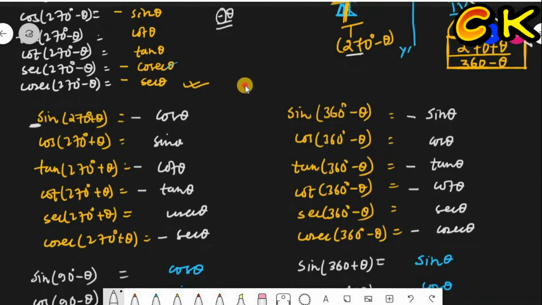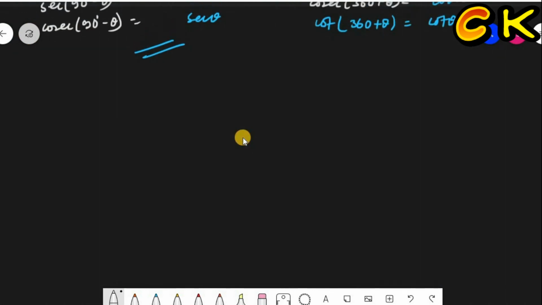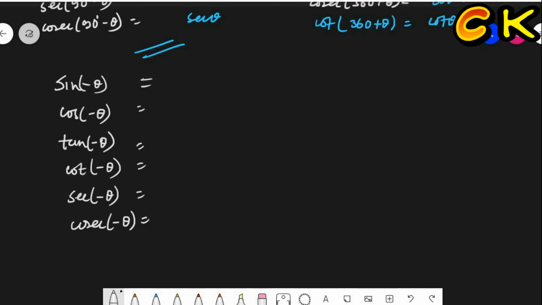So let's establish the formula for this, the last formula. Since minus theta lies in fourth quadrant, only cos is positive, so cos of minus theta will be cos theta, and only sec is positive, so sec of minus theta will be sec theta, and the remaining will be negative, so sin of minus theta will be minus sin theta, then we get minus tan theta, minus cot theta, and minus cosec theta.